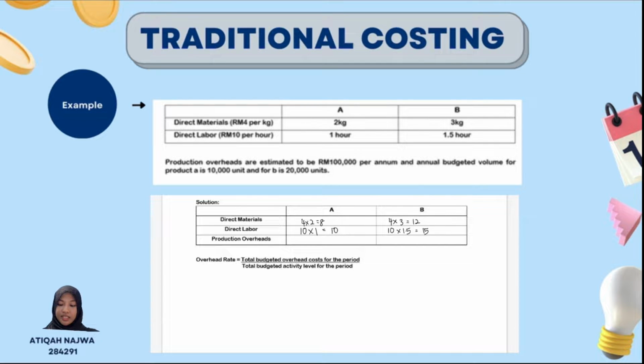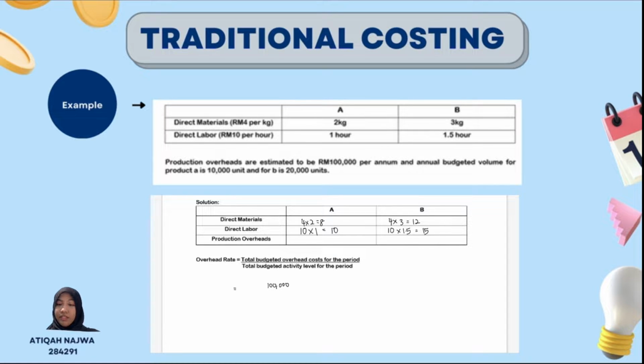Production overheads. As I have stated below, the formula for overhead rate is total budgeted overhead cost for the period per total budgeted activity level for the period. First, from the question, we know that the budgeted overhead cost for the period is 100,000 ringgit.